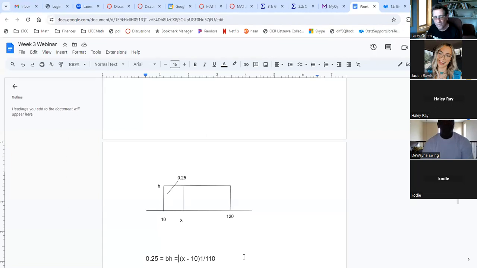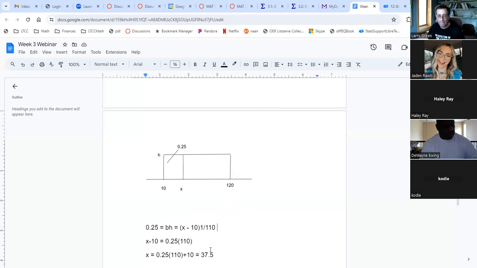So if you remember, the way it works is you do order of operations backwards. So the first thing in order of operations is the parentheses, so you would do x minus 10. And the last thing is multiplied by 1 over 110. So we go backwards, which means we're going to start dealing with the times 1 over 110. And the way you deal with the times 1 over 110 is you multiply left and right by 110. When I multiply x minus 10 times 1 over 110 times 110, I just get x minus 10. The whole point is they cancel.